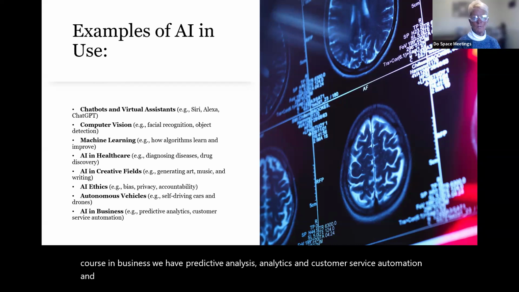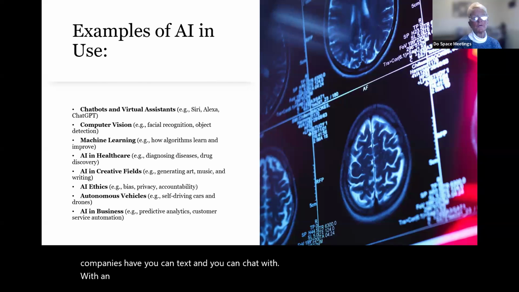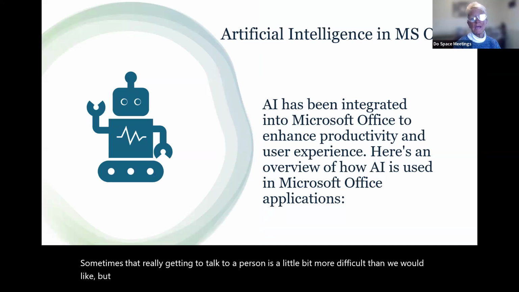I think we all probably have used that on a website, or sometimes with different companies you can text and chat with an automated service, or you can say, hey, I really need to talk to a person. Sometimes getting to talk to a person is a little bit more difficult than we would like, but it is possible. So AI has been integrated into Microsoft Office to enhance productivity and user experience.